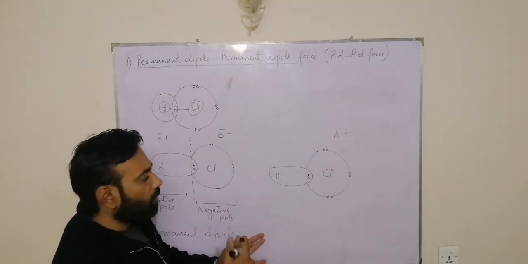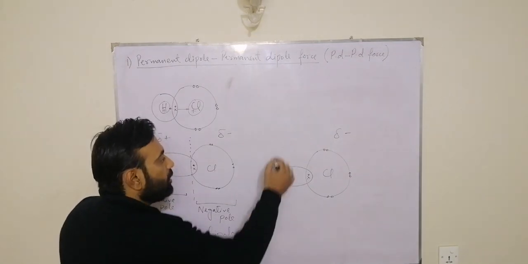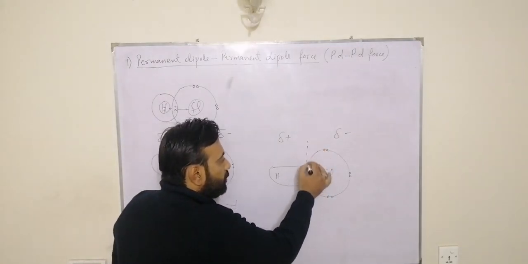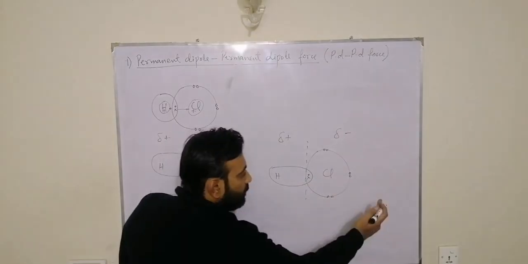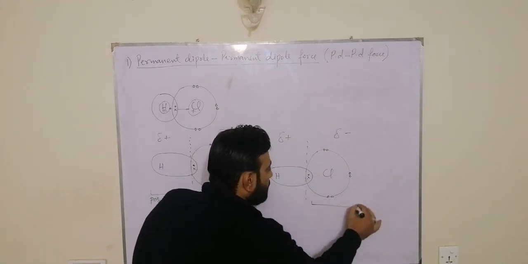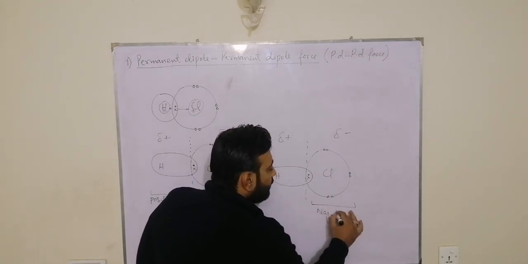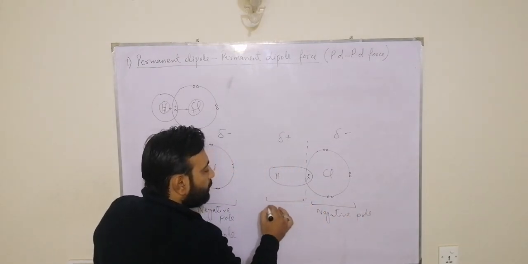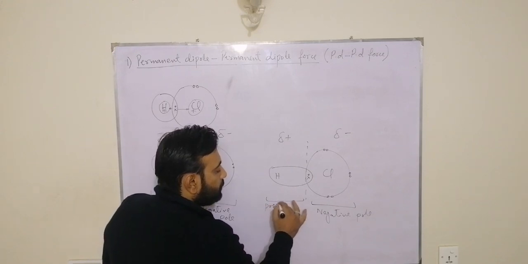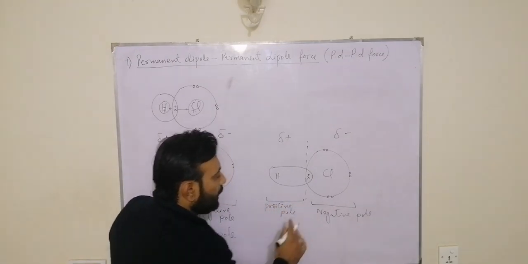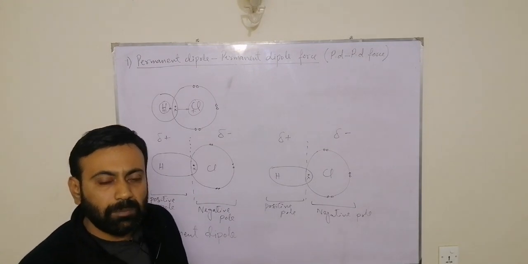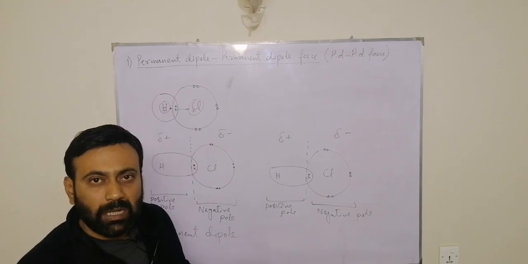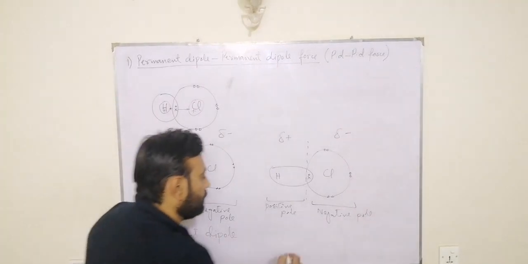This shared pair of electrons is farther away from the hydrogen atom, so hydrogen will have a partial positive charge. And again, if you split the molecule into two, this part of the molecule is the negative pole and this part of the molecule is the positive pole. And due to the presence of these two permanent poles, positive and negative, this molecule is also a permanent dipole just like the other one.